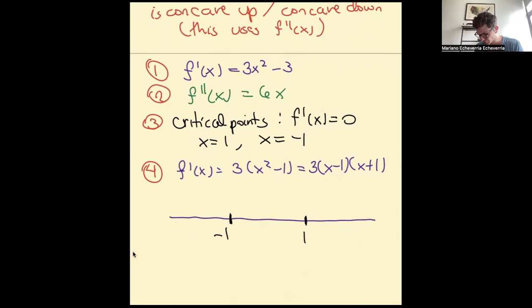For example, if you chose the value 0 here, the first derivative gives you a negative number. So it was negative here, which means that the function was decreasing. And if you chose 2, for example, the first derivative was going to be positive. And if you choose -2, the first derivative was also going to be positive.